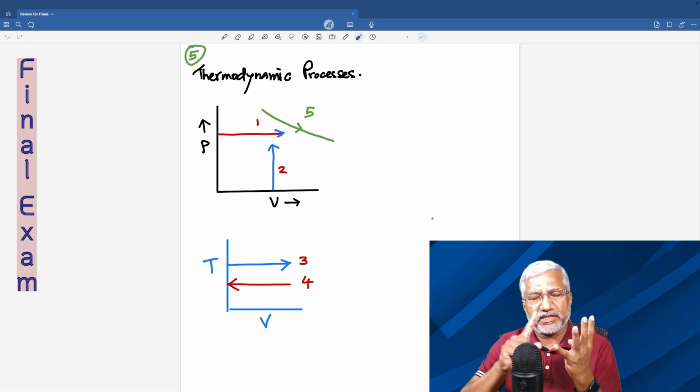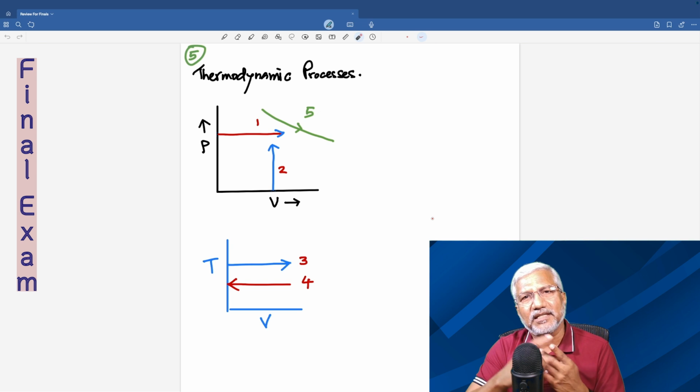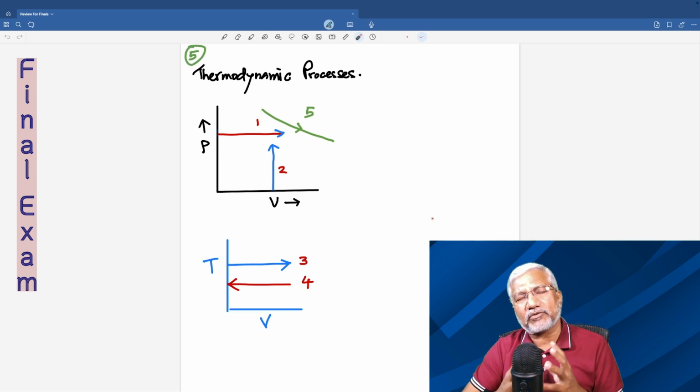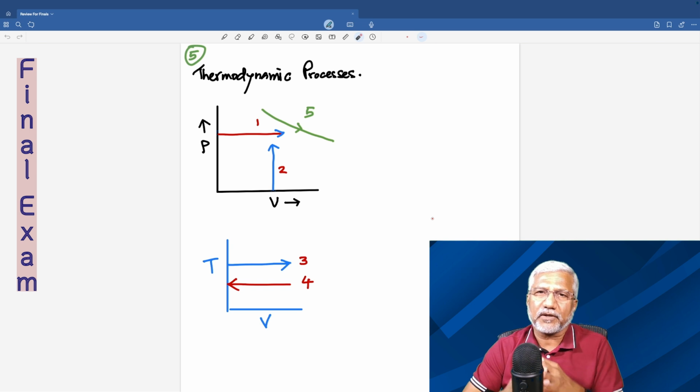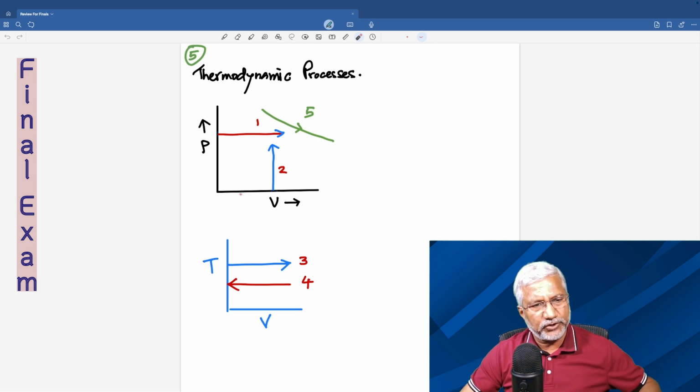Okay, once again, temperature constant, isothermal. Pressure constant, isobaric. Volume constant, isovolumetric. Entropy constant, adiabatic. Now, you should be able to recognize these processes from the graphs. So, you see a pressure-volume graph, pressure on the y-axis and volume on the x.